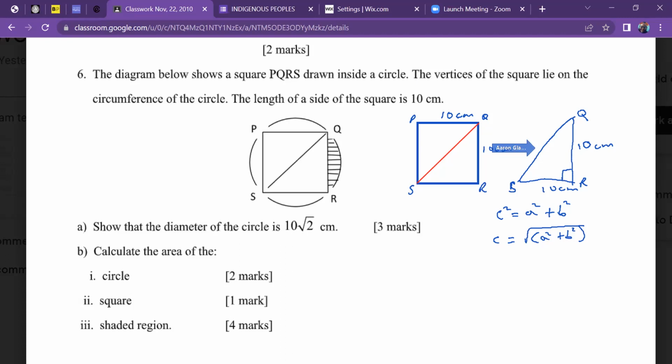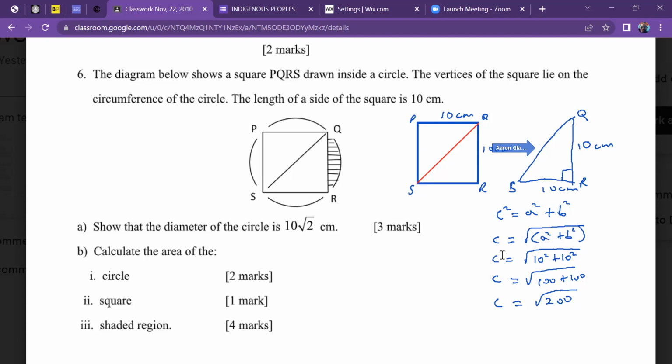So C is equal to the square root of 10 squared plus 10 squared. 10 squared plus 10 squared is 100 plus 100, which is equal to 200. Now, 200 is 10 root 2.